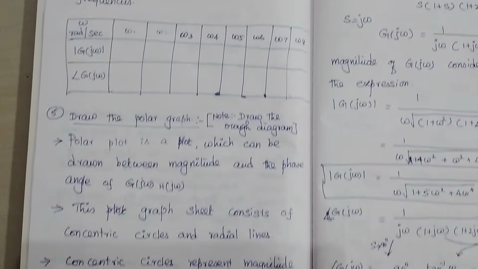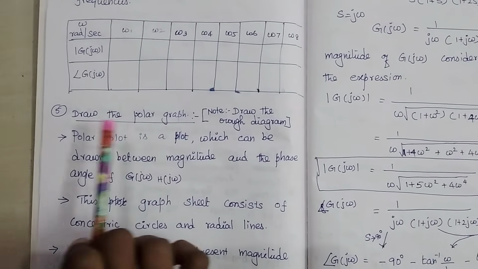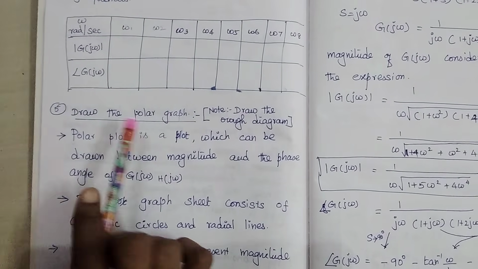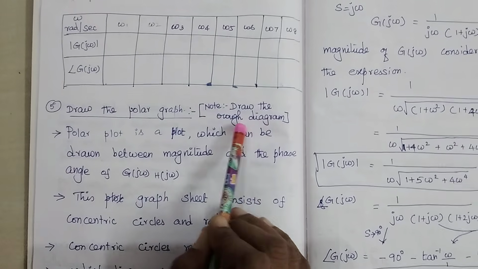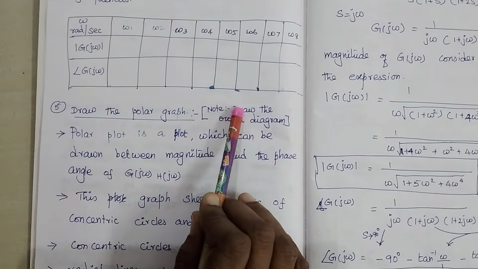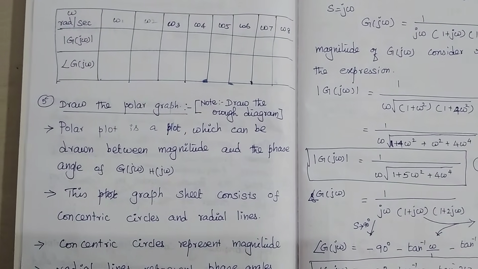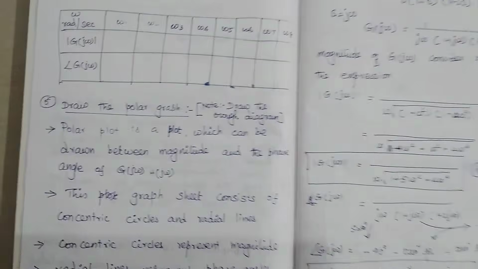Then in the next step, draw the polar graph. Before drawing the polar graph, you try to draw the rough diagram. Hopefully you all know how to draw the rough diagram, but I will explain once again.